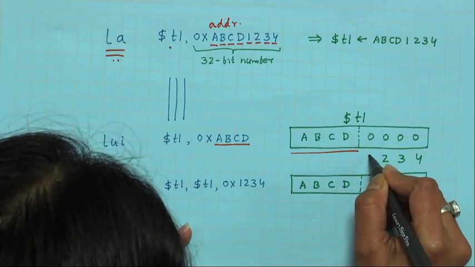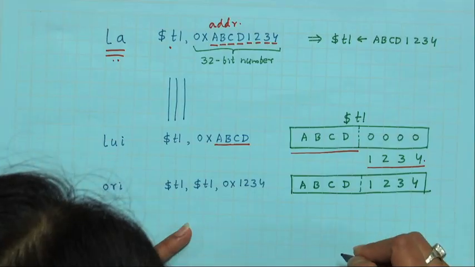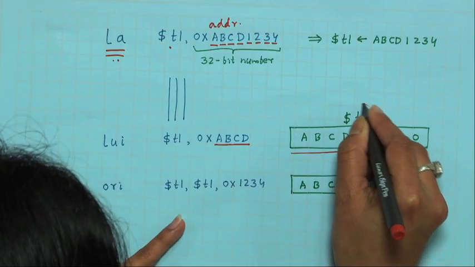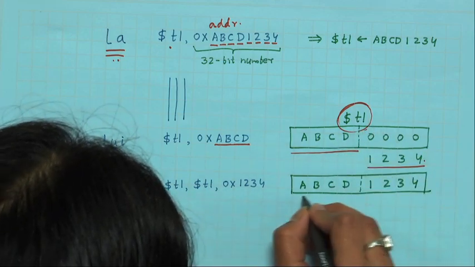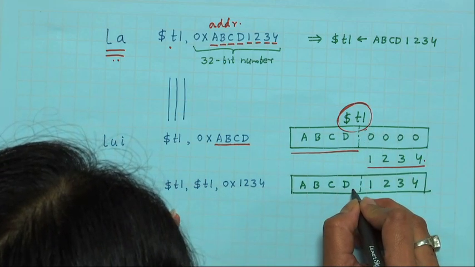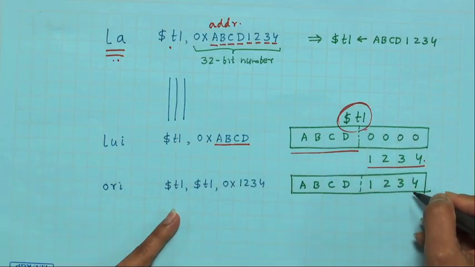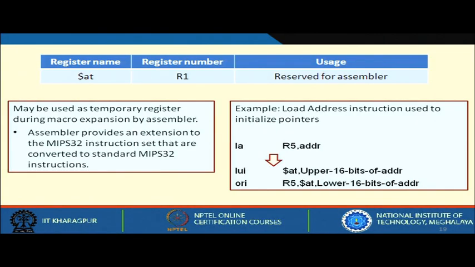You are ORing with 1, 2, 3, 4, and after ORing you are storing back the result in T1 itself. So, in T1 you will have A, B, C, D ORed with 1, 2, 3, 4. So, this instruction is doing exactly what I explained.